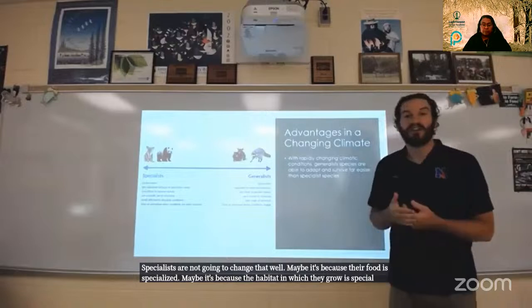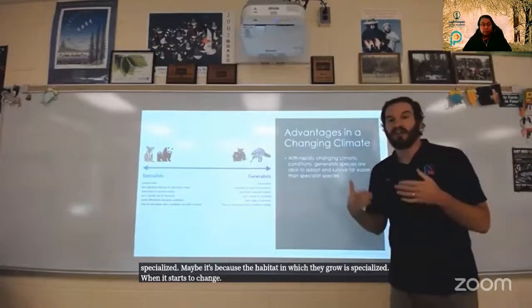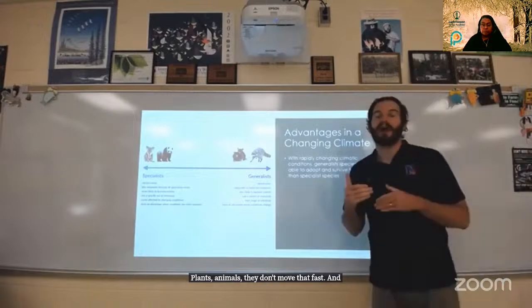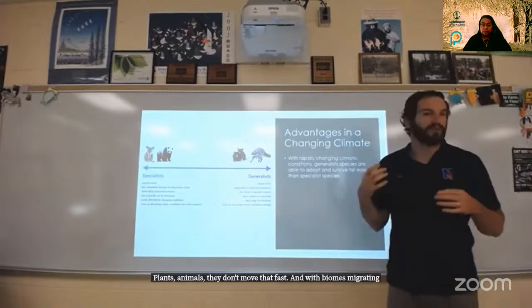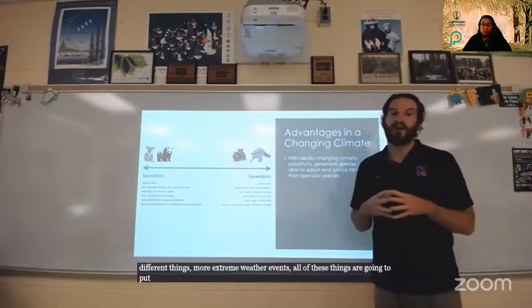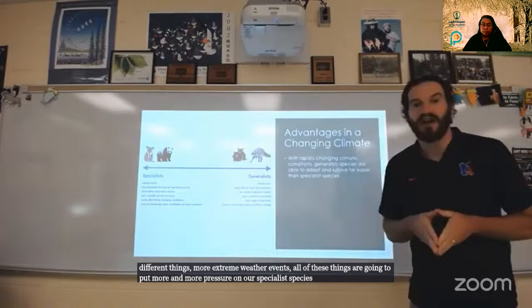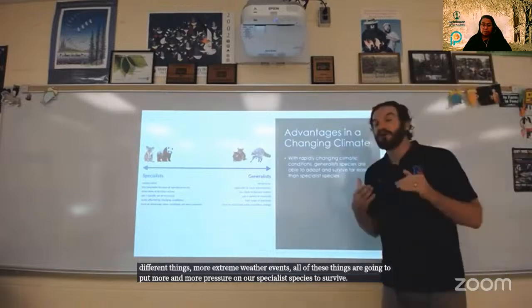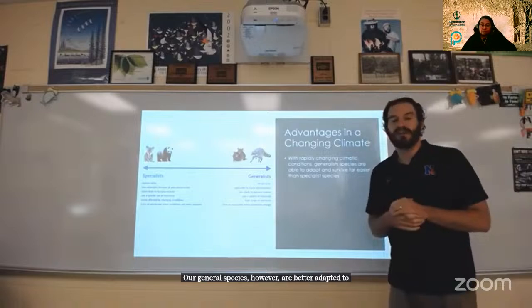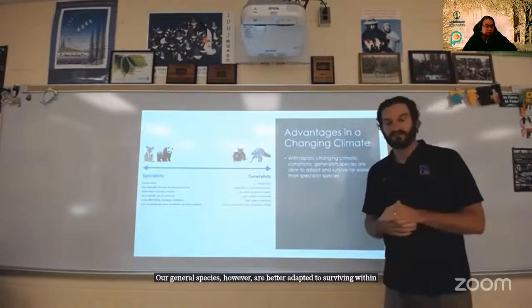When it starts to change, plants, animals, they don't move that fast. And with biomes migrating and different things, more extreme weather events, all of these things are going to put more and more pressure on our specialist species to survive. Our general species, however, are going to be better adapted to surviving within that new environment.